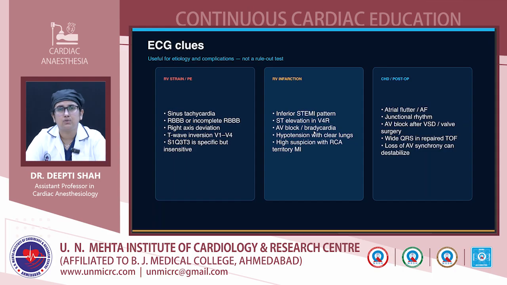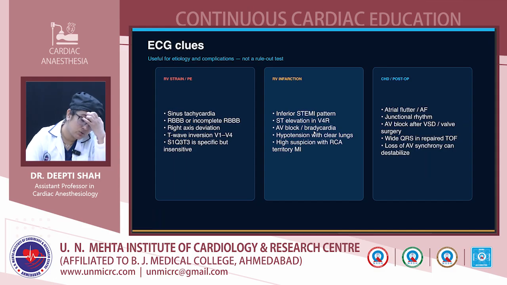RV infarction could have an ECG of inferior STEMI pattern or ST elevation in the right-sided V4 lead, which is very diagnostic that the RV might be undergoing ischemia. Or if there is a pattern of block, that is AV block, bradycardia, or hypotension with clear lungs, there is high suspicion of RCA territory MI.